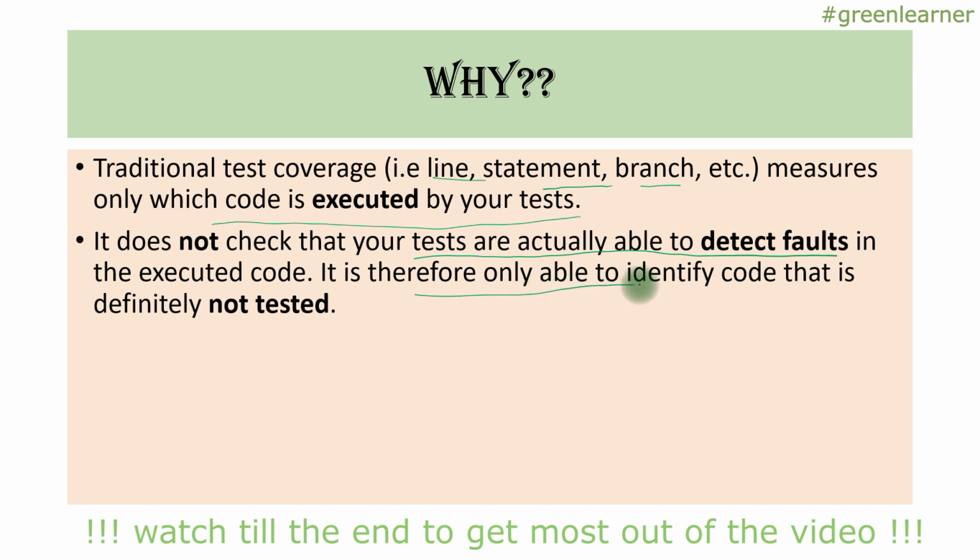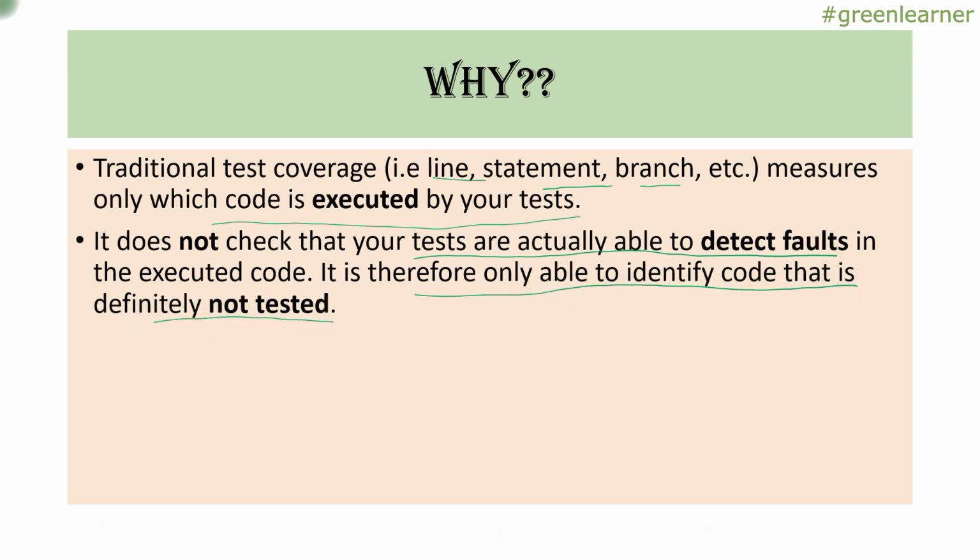It is therefore only able to identify code that is definitely not tested. So there are two things: source code that is tested and source code that is not tested. Source code that is not tested, it can definitely separate out, but for code that is tested, it cannot tell whether it is truly tested, because you can miss the assertion part and other things. So that quality is not there in unit test cases.